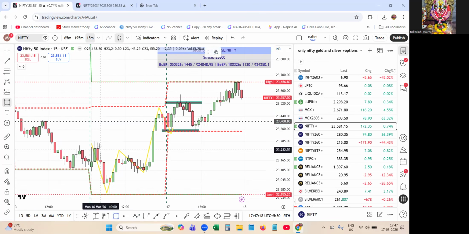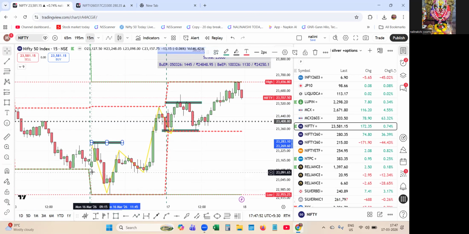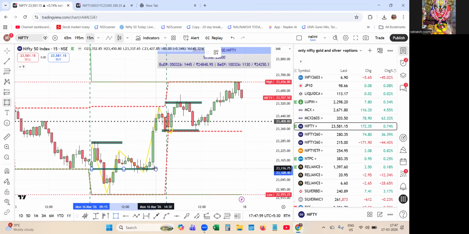Just see, the first hour high and low, 1, 2, 3, 4. So the market found its feet in this way. This is my reference. From here, the market had moved higher.